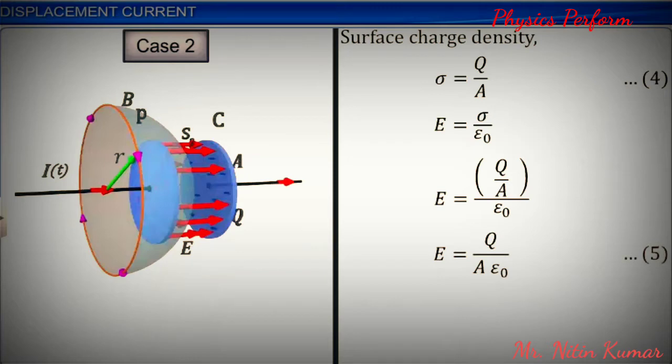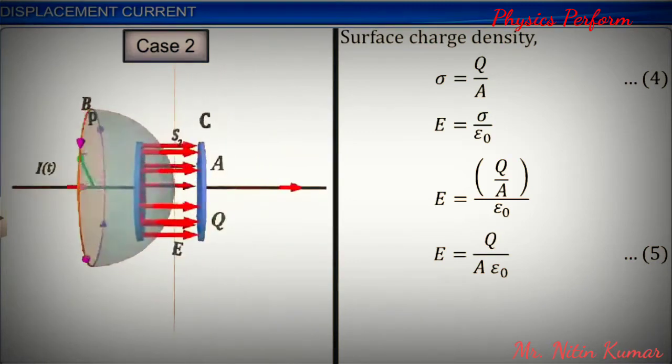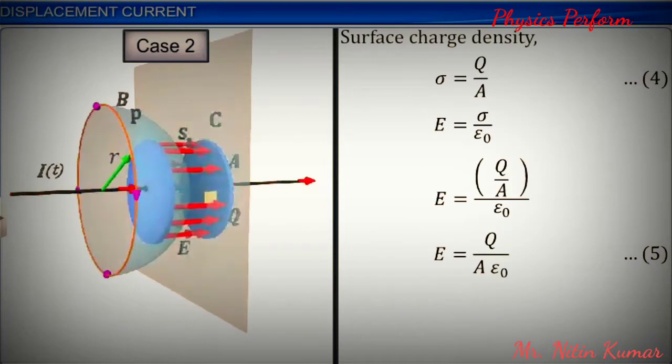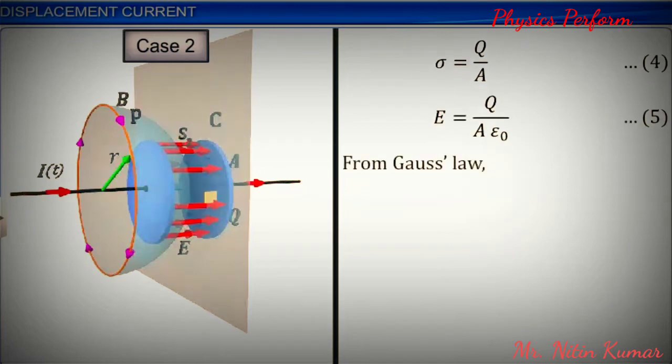Here, the electric field is perpendicular to the plane of the bottom surface of S2. Hence, the area vector of the bottom surface of S2 and the electric field are in the same direction, and maximum electric flux passes through the surface. We know that from Gauss's law, the electric flux through the surface phi E is equal to EA.